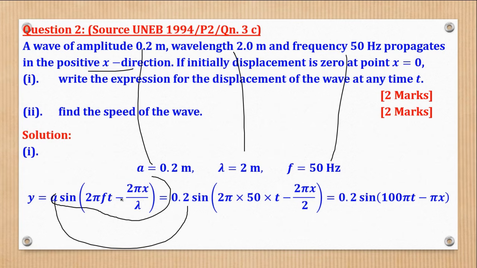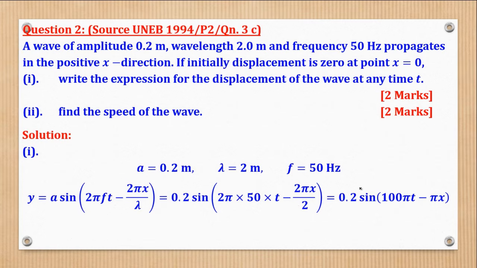Amplitude was 0.2, frequency was 50, and lambda was 2. So we'll come up with this as the equation they wanted. Then Roman 2, they wanted the speed. So speed will be f times lambda. f is 50, lambda is 2, to give you 100 meters per second. And that's what they wanted.